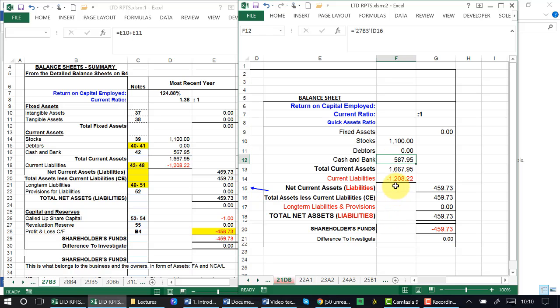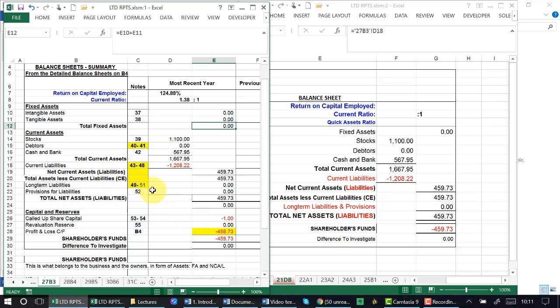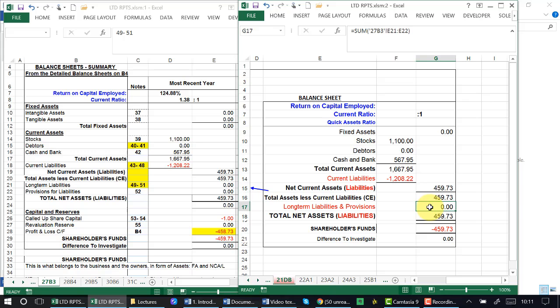Okay, and then we've got current liabilities as it is there, 43 to 48. Then long-term liabilities and provisions, which is basically a sum of 49 to 52 to get this one.